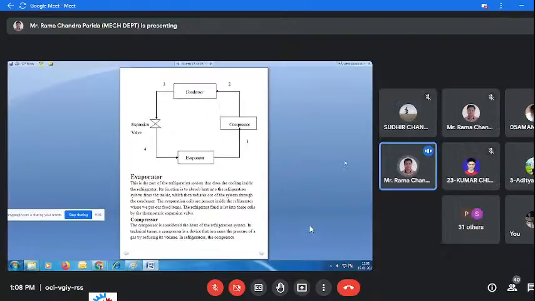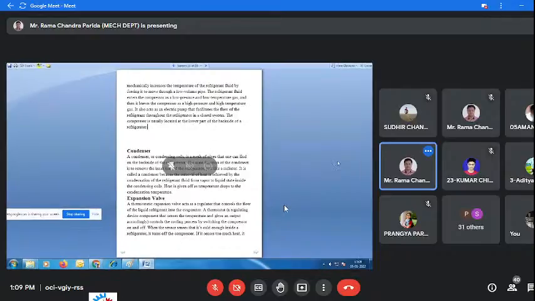Consider the main parts of your refrigeration system. The compressor raises the pressure by reducing the volume. Got it or not? So the refrigerant fluid enters the compressor at low pressure and low temperature, and then it leaves the compressor at high pressure, high temperature.